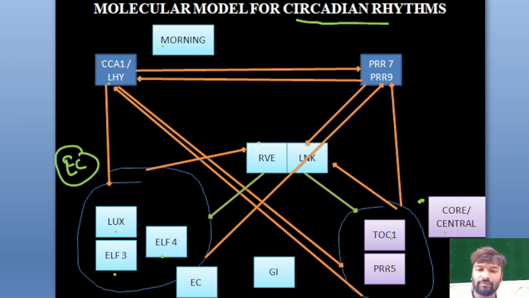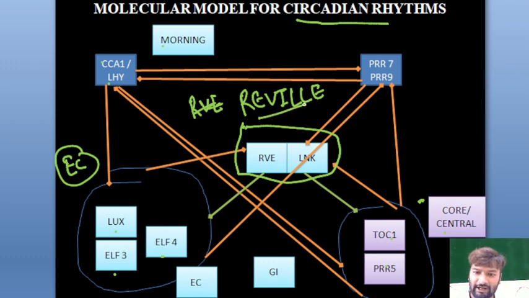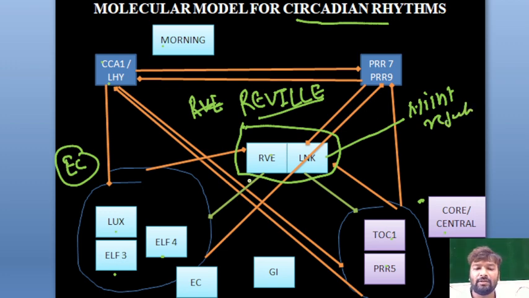And these are the genes RVE and LNK, where RVE is known as Reveille, light regulated, and LNK is night regulated. So these genes positively regulate both your central core and your evening complex.